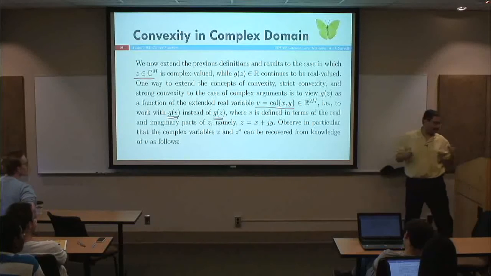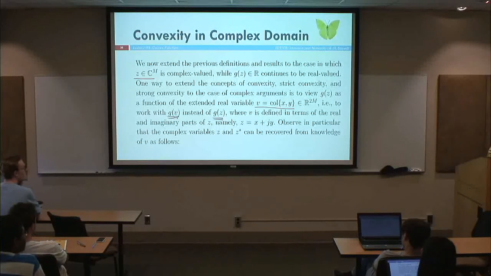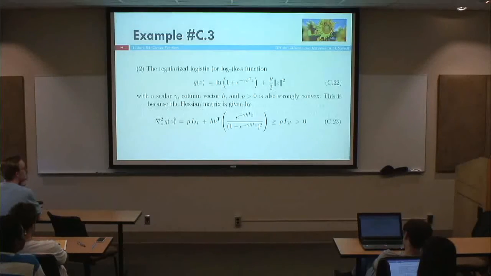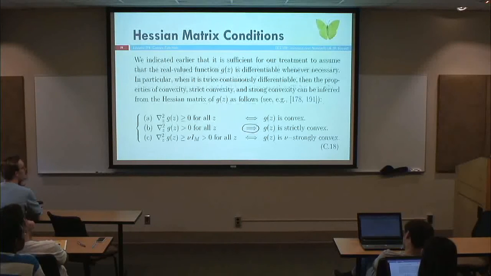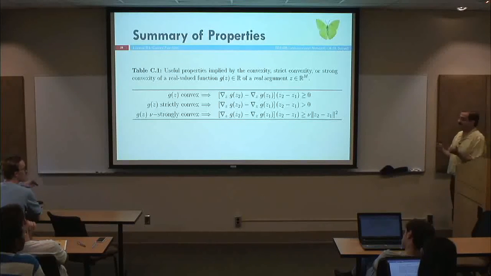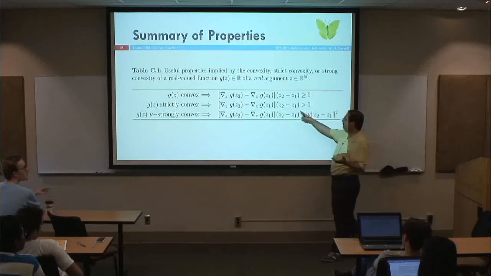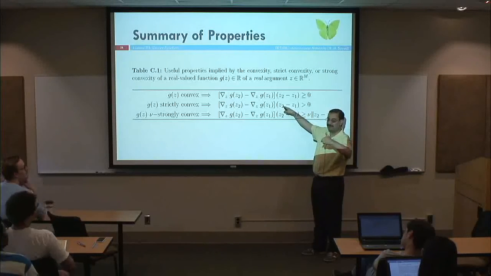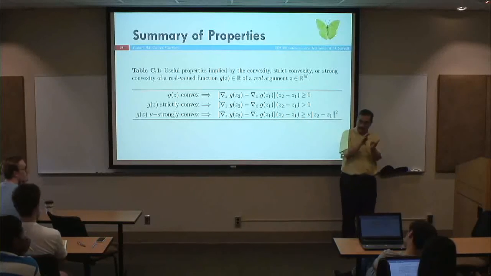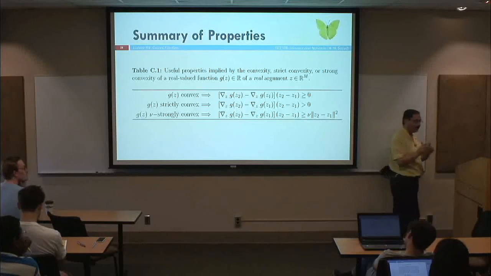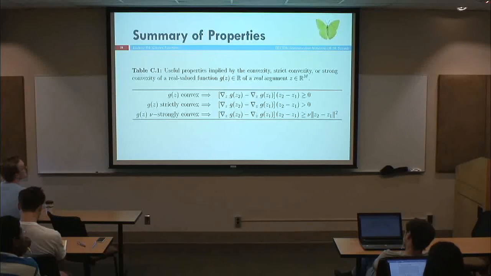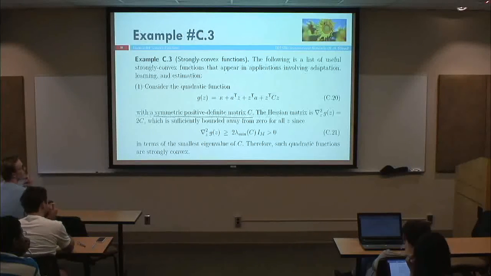The inner product inequalities that you saw in this table would be described in the V domain, but I want to describe them in the Z domain, right? So I want to show you how to do that. And how will these expressions look in the complex case? You understand what I'm doing? Okay, so let's go.